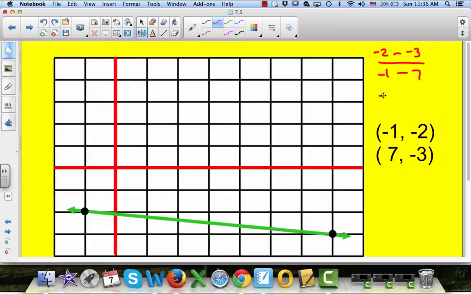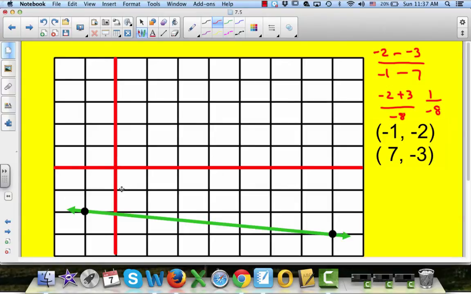So that gives us negative 2 minus minus gives us plus 3 over negative 1 and negative 7 makes same signs, so we add them together, and that gives us 8, and we keep the sign. Negative 2 and positive 3 gives us 1 over negative 8.